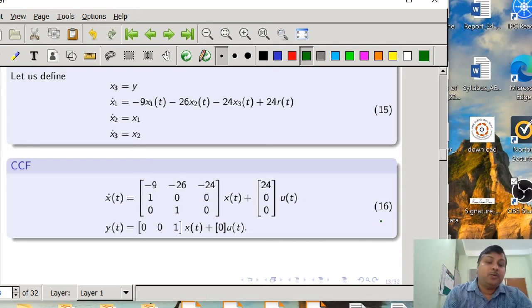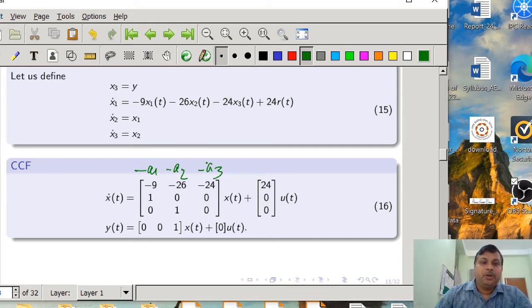And here you can see that the first row represents the coefficients of the characteristic polynomial in order, that is minus a1, minus a2 and minus a3.